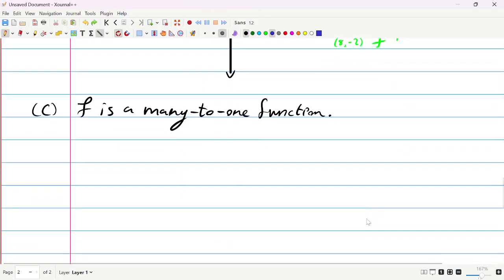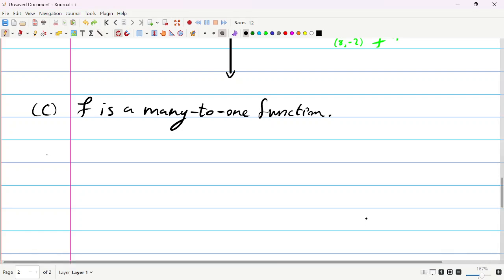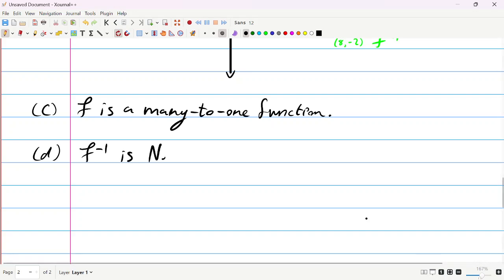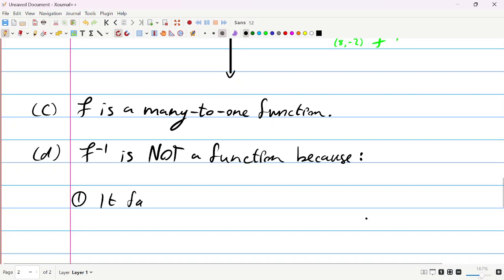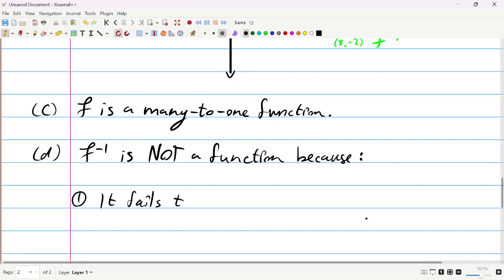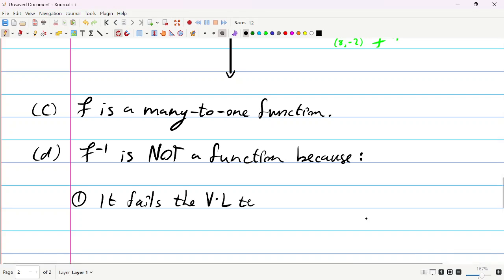So, it's not a function. Number D says f inverse is not a function because... So there's two ways you can say it. The first way is it fails the vertical line test.